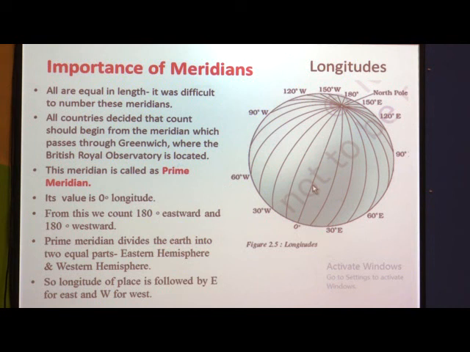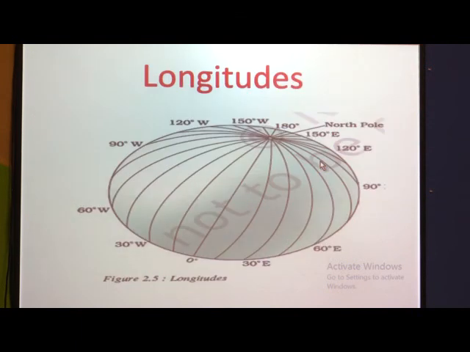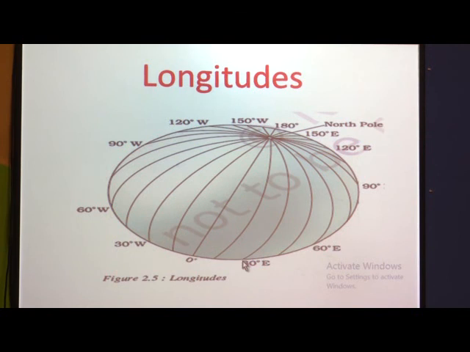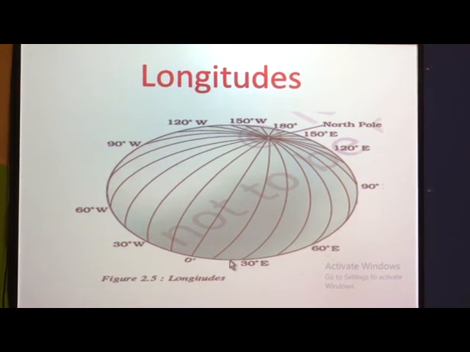And this line passes through Greenwich, a town in London. So see this picture again. These are the degrees: 0 degree, 15, 30, 45, 60, 75, 90, like this it goes on.